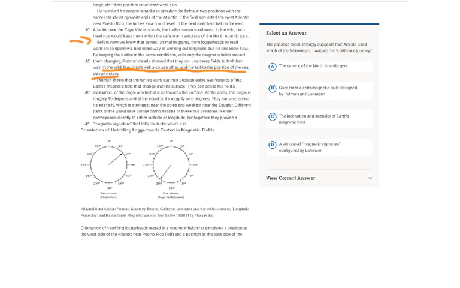Before now, we knew that several animals migrate, from loggerheads to reed warblers to sparrows, had some way of working out longitude, but no one knew how. By keeping the turtles in the same condition with only the magnetic fields around them changing, Putnam clearly showed that they can use these fields to find their way. In the wild, they might also use other landmarks like the position of the sea, sun, and stars.